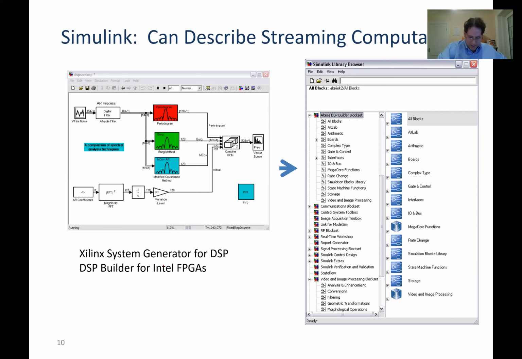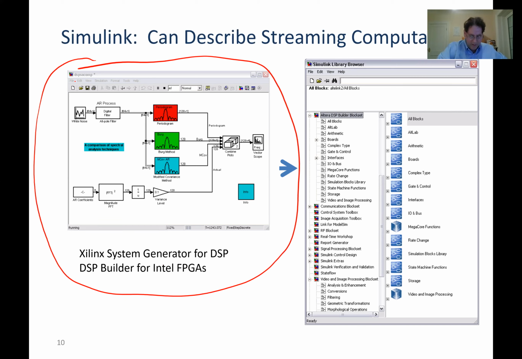So I'm showing on this piece of the figure a block diagram in Simulink. These are a bunch of filters and communication components that are together doing some signal processing. And both Intel and Xilinx have products that can take a Simulink block diagram and turn it into hardware, and actually turn it into quite efficient hardware.